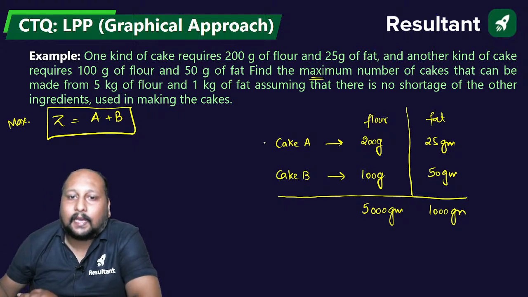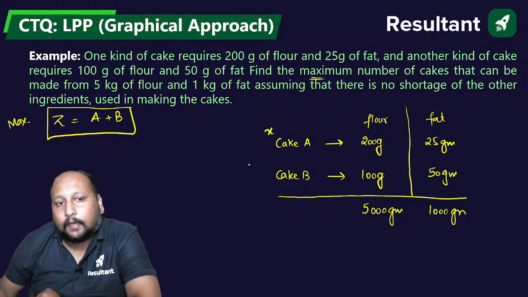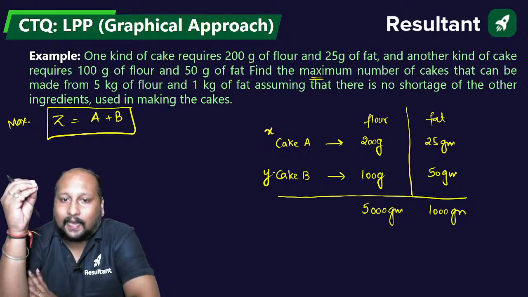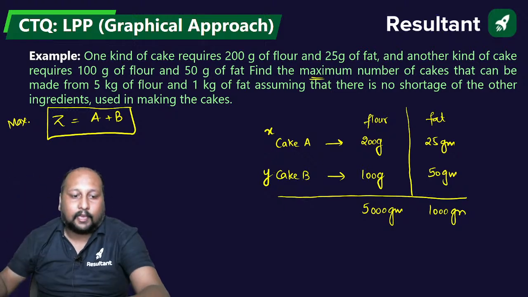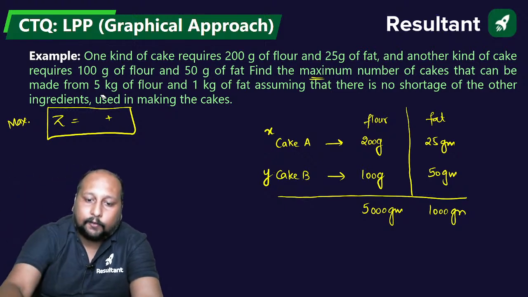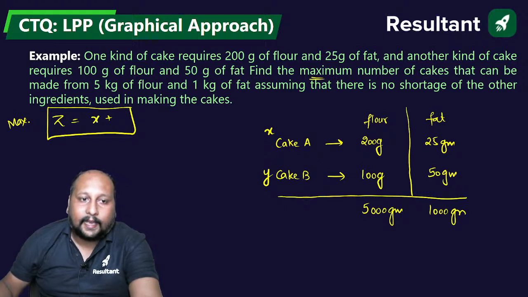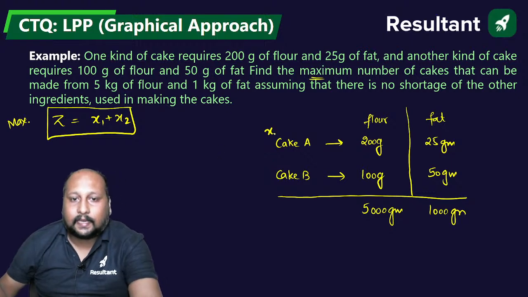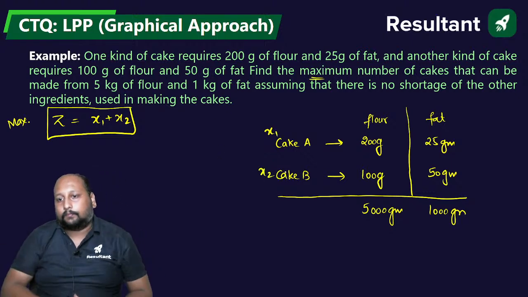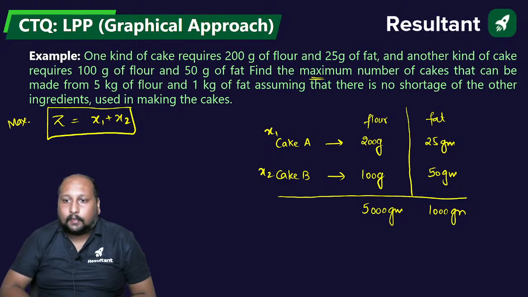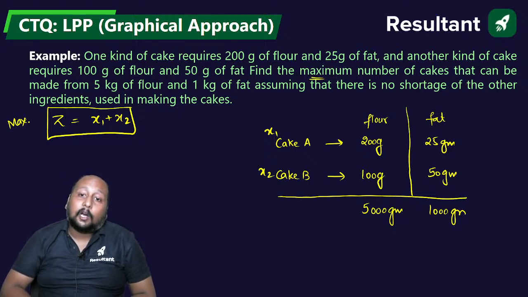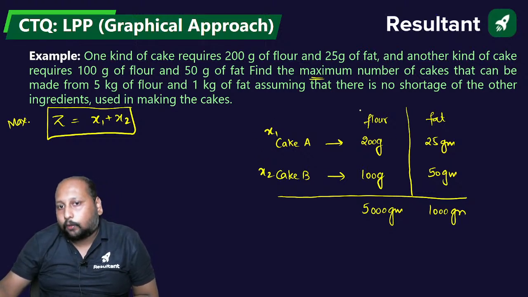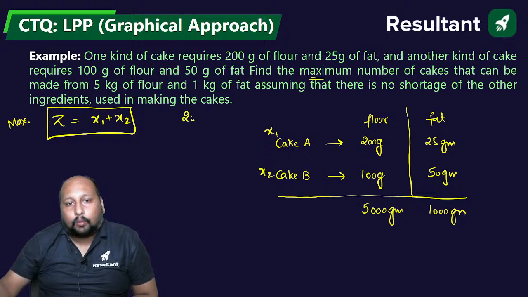So let us suppose I am making X number of cake A and Y number of cake B. So I can say X plus Y will be my objective function, or X1 plus X2 is my objective function. ठीक है, clear? अब question ये है कि if I'm making X1 cake, एक केक के लिए 200 ग्राम है, तो X1 केक के लिए will be having 200 X1.